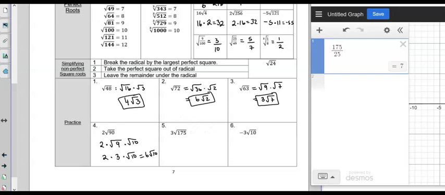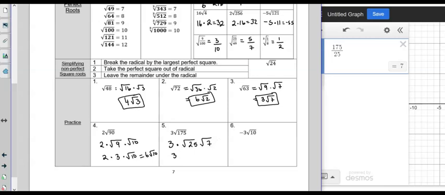So I'm going to rewrite this, I'll bring down the 3 first. And I'm going to rewrite this as square root of 25, because 25 is a perfect square, times 7. So square root of 25 is 5, and then there's nothing I can do with that 7. So 3 times 5 is 15, square root of 7.